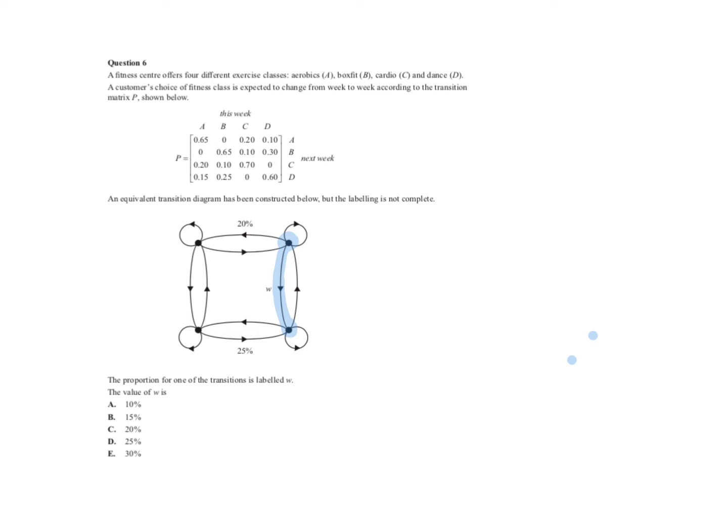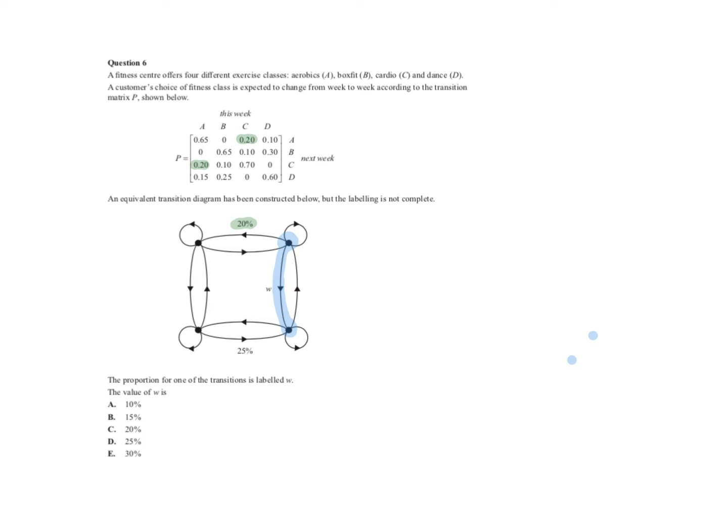So let's have a look here. So we've got a 20%. So let's see if up here we can see a 20%. Now there's a 20% between A and C here.